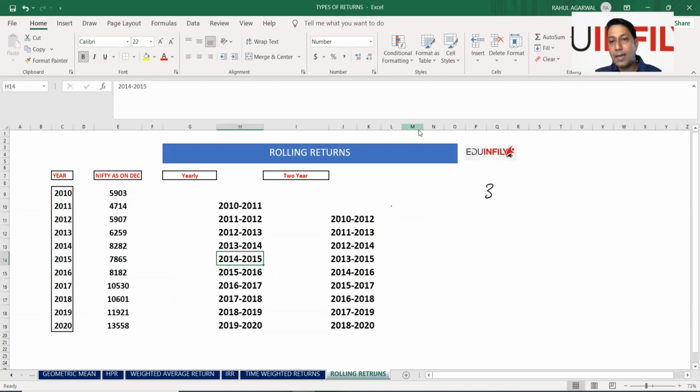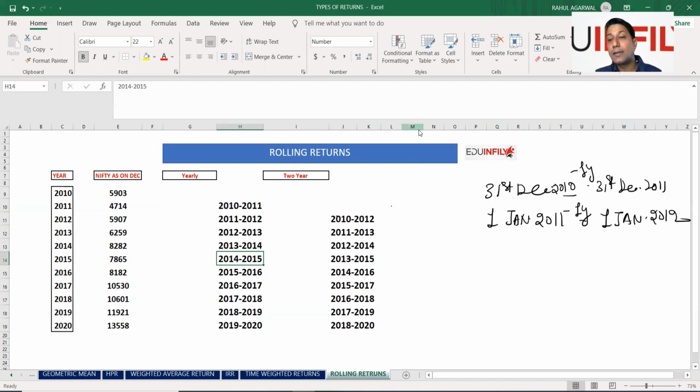Let's say I want to calculate a return from 31st December 2010 to 31st December 2011. Then 1st of January 2011 to 1st of January 2012, right? Again, this is a period of 1 year only. So if I want, I can break up this 1 year period like this also.